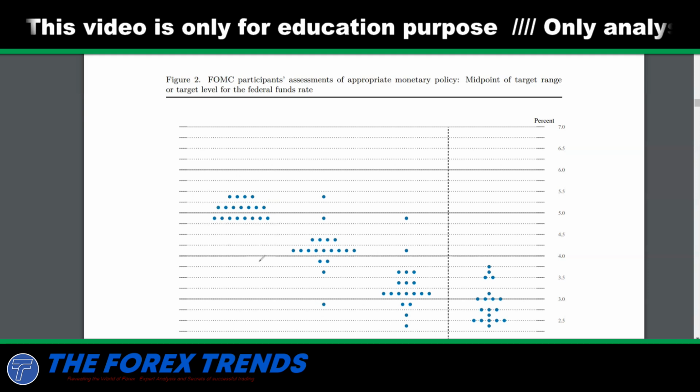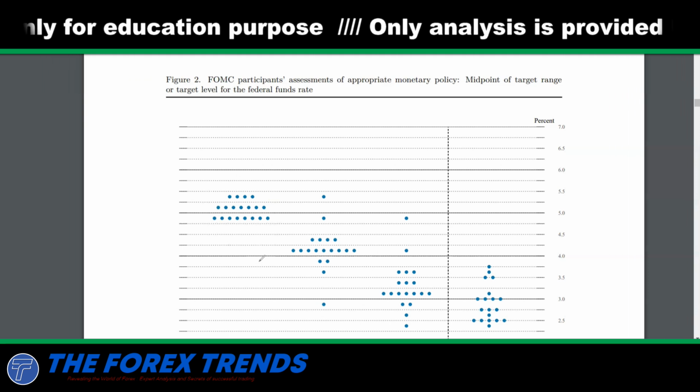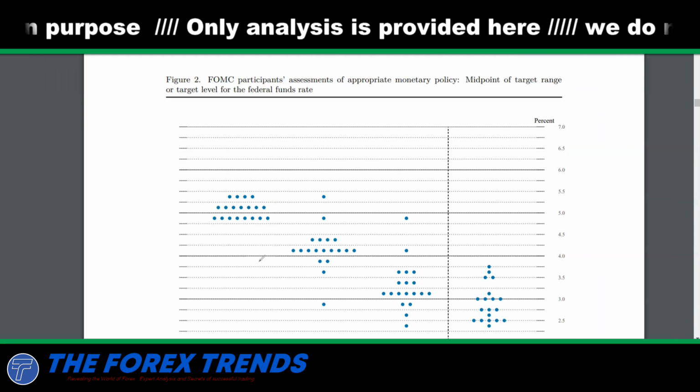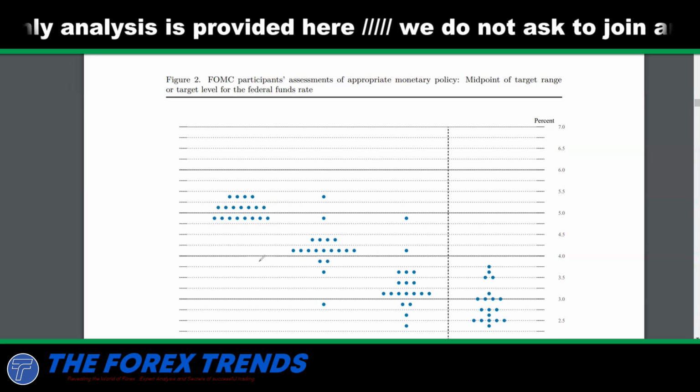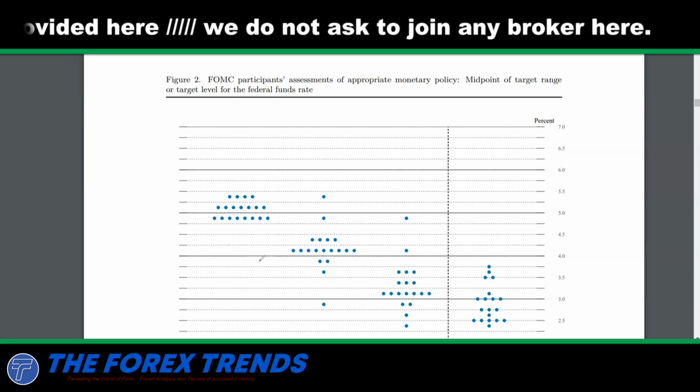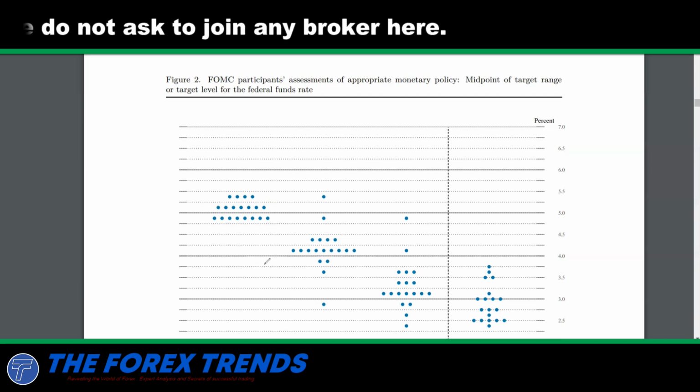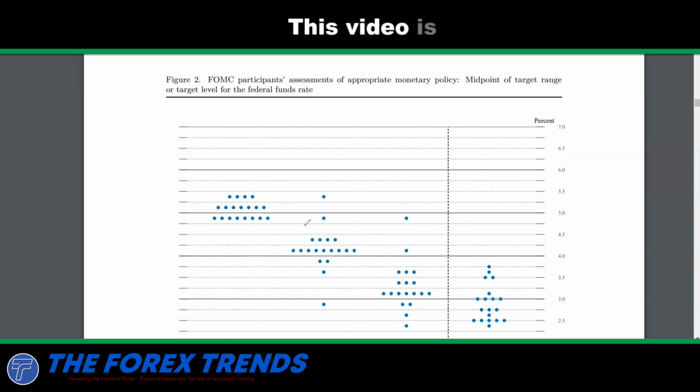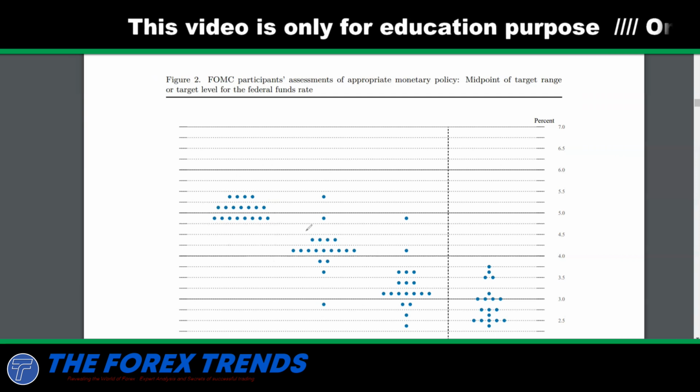According to the previous economic data, inflation is really cooling down. So why is the Fed still hawkish? Let me explain.